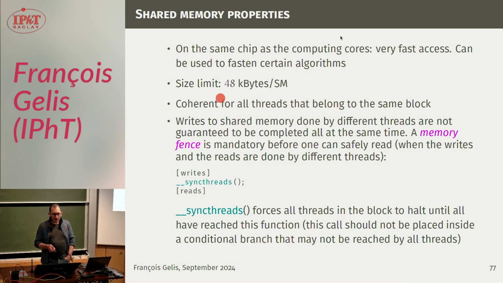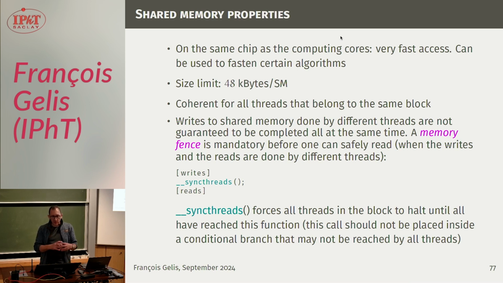The size limit is 48 kilobytes per, it's not even per block, it's per streaming multiprocessor for each of these chips. So if you want to have the possibility of having two blocks running at the same time on the same chip, you should not go over 24 kilobytes of shared memory per block.